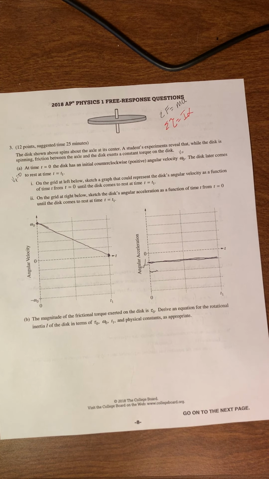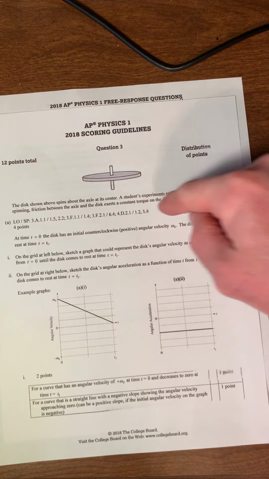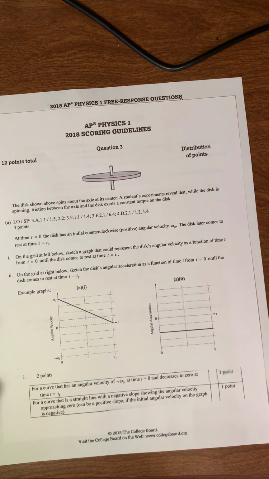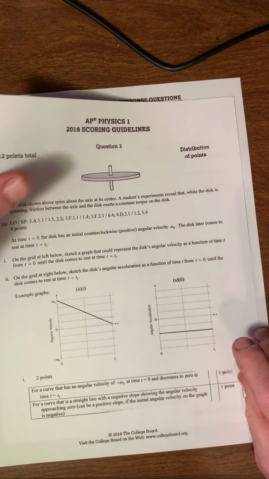So I'm going right over here now to the guidelines, how to score it. This part has no meaning to you. It's just showing that it's hitting all the state learning objectives. That's what LO is, I guess. We look like we did it right. Let's go over points.